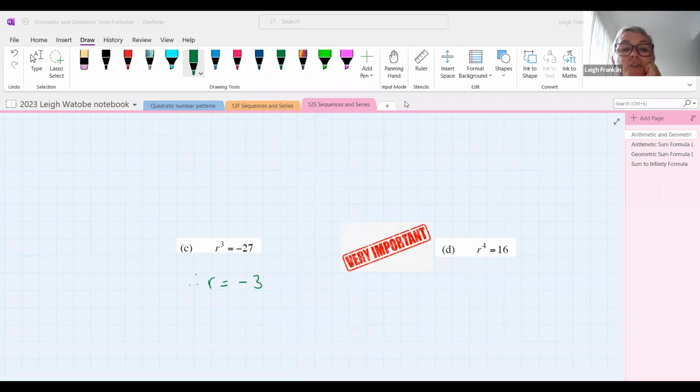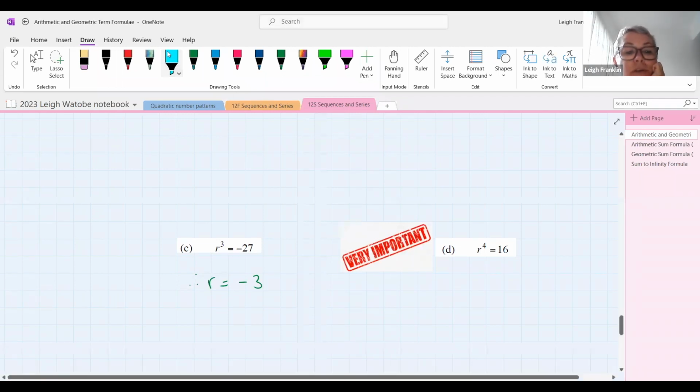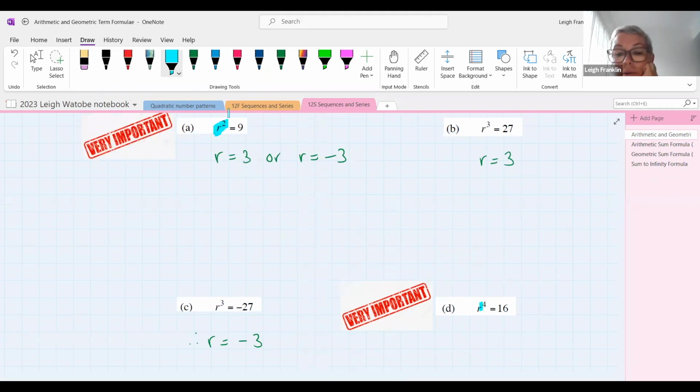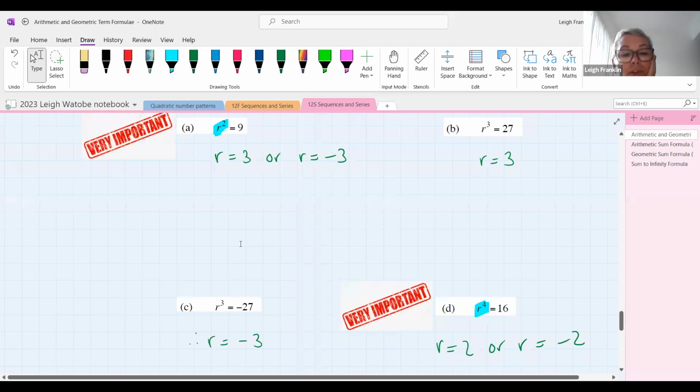Yes, there will. When our exponent is an even number, our answer can either be positive or negative. So here, r will either be equal to 2 or r will be equal to -2. Remember, when your exponents are even, there's more than one answer. When your exponents are odd, there's only one answer.